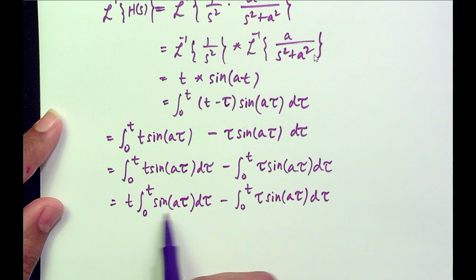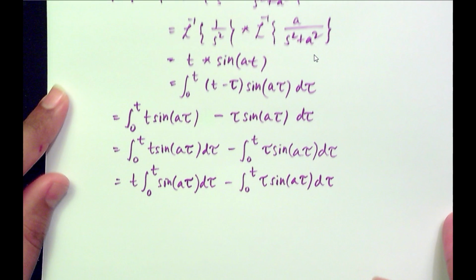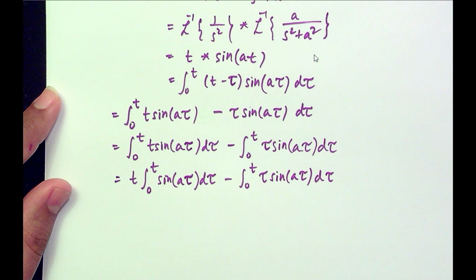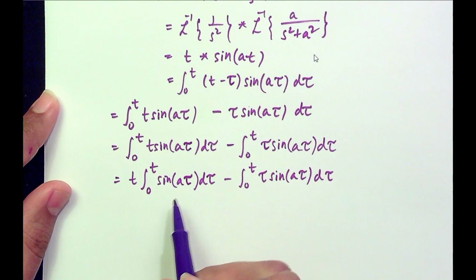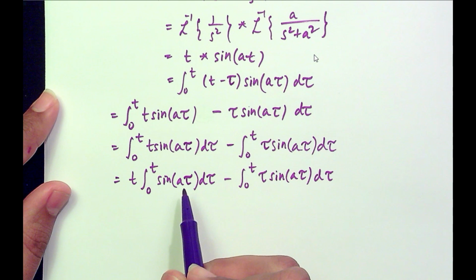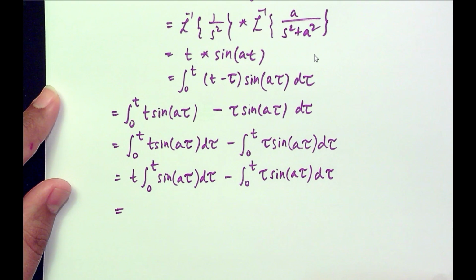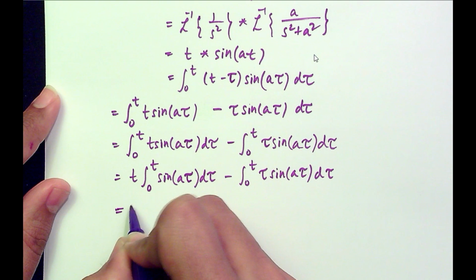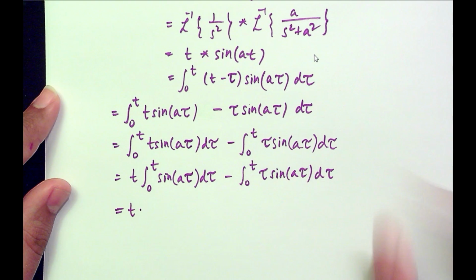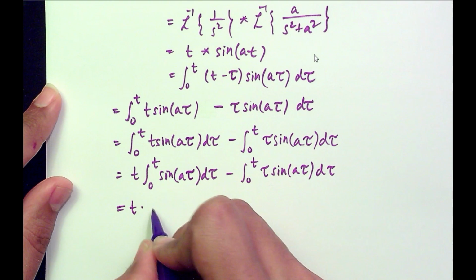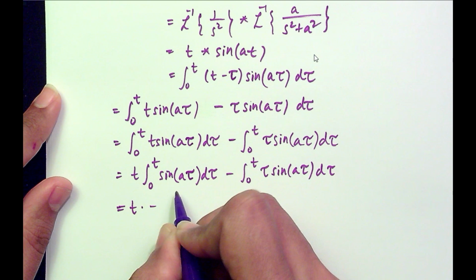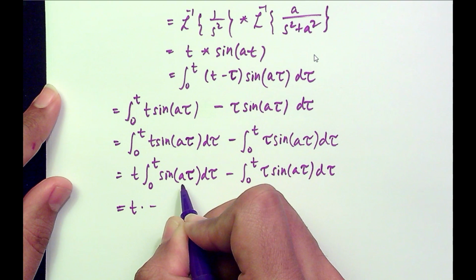Now this first integral you can either do in your head or do a u-sub where u is just the inside of the sine, so u would be a tau. This one is not a difficult one. I have this t right here, and the integral of sine is negative cosine, but then you have to divide by a.